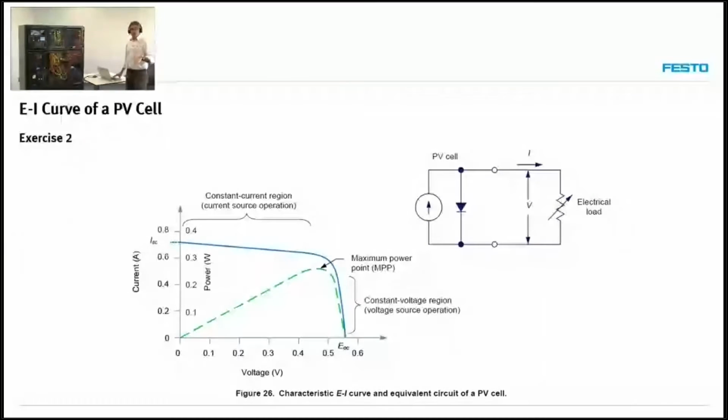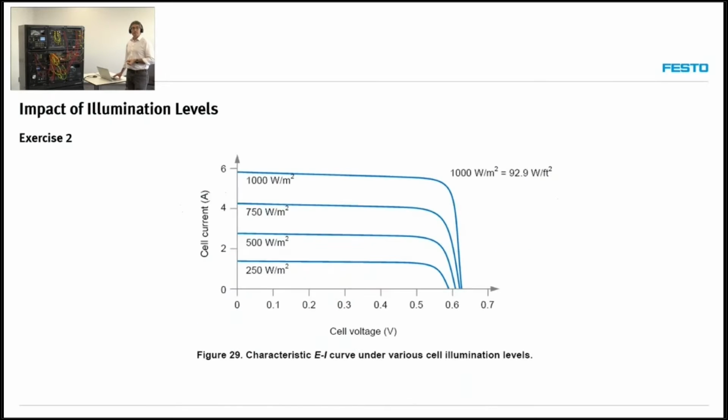And then also presenting the voltage versus current curve of a typical photovoltaic cell, showing that there is a point where you have maximum power extracted from the cell, showing the impact of insolation, of illumination levels on the performance of the photovoltaic cell.